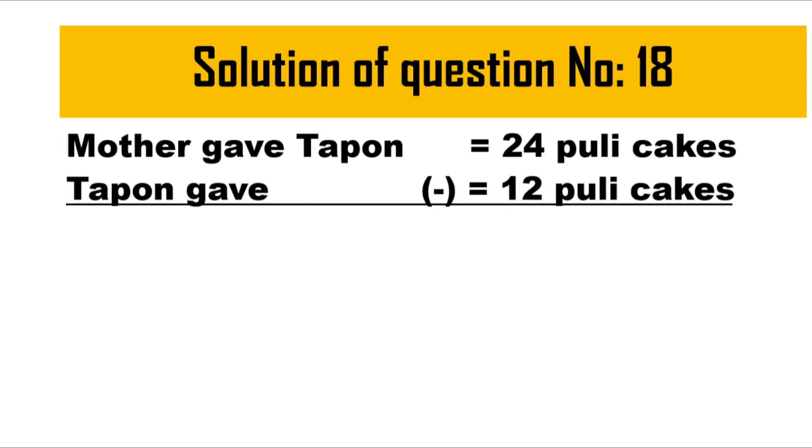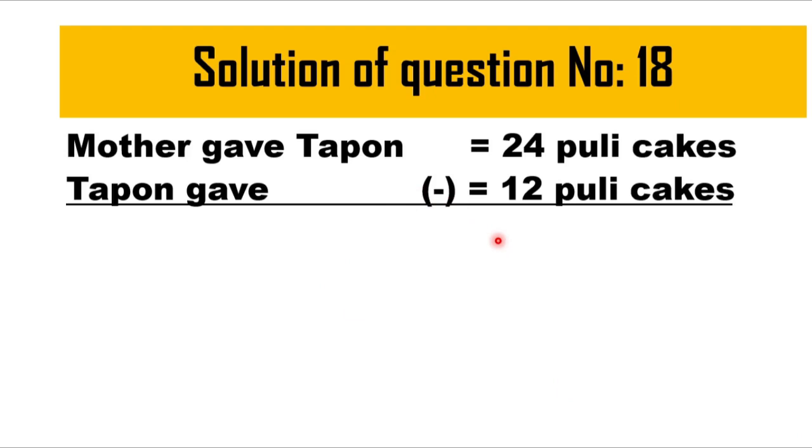That means at first mother gave Topon 24 cakes, but after that Topon gave 12 pulley cakes from his total cakes. And because he gave 12 pulley cakes, the number of total pulley cakes will be decreased, and that is why you should write a minus sign here, and it is a must whenever you try to solve these types of questions.